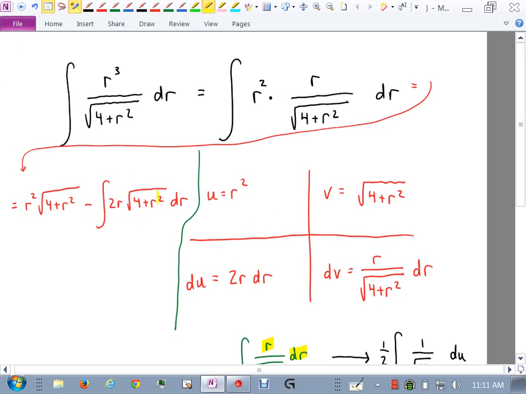Now in this integral, I'm going to call this my new u, right? I'm not doing integration by parts. I'm doing basic substitution. So I'm letting my u be 4 plus r squared. My du is equal to 2r dr. I've got that exact match right there.